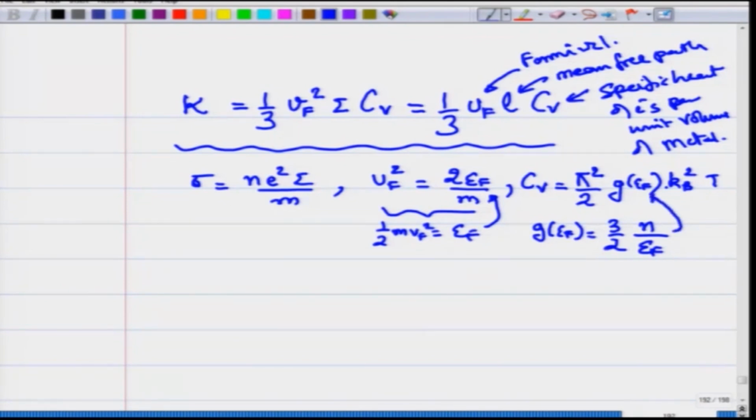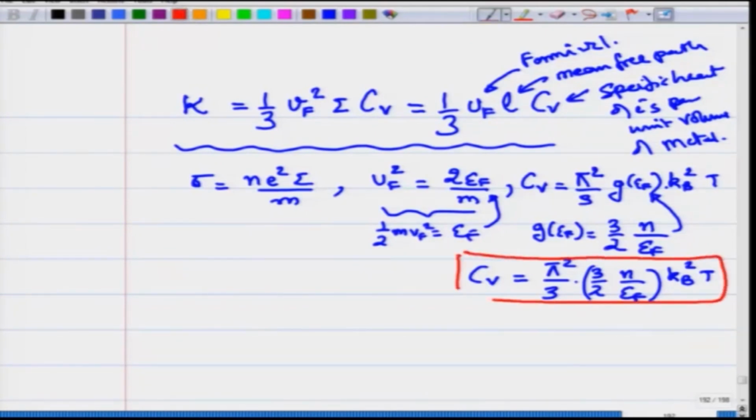So, you can put all of that here. I am sorry, this is pi square by 3, so pi square by 3 into 3 by 2 n by Ef into Kb square T.